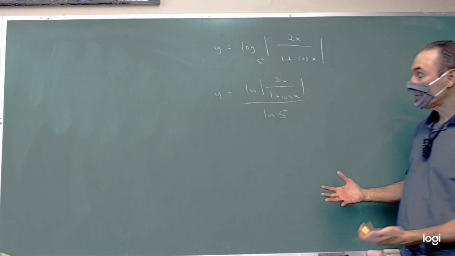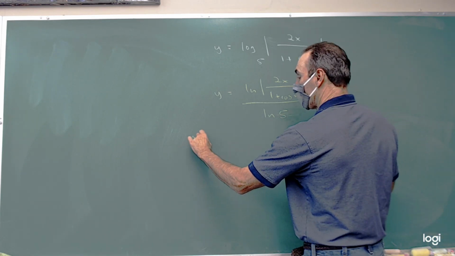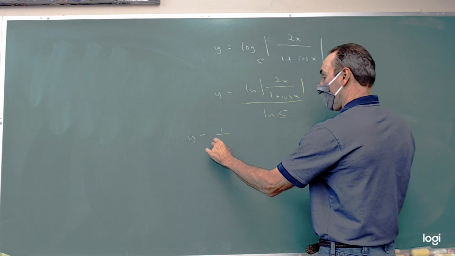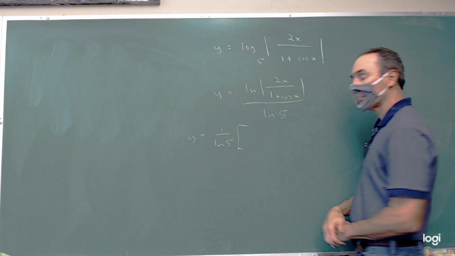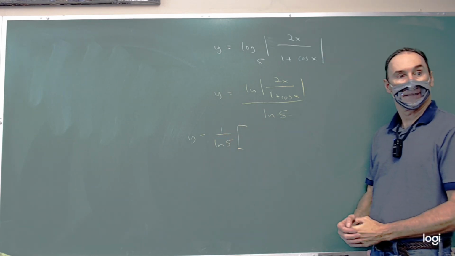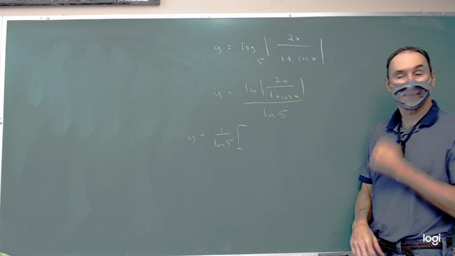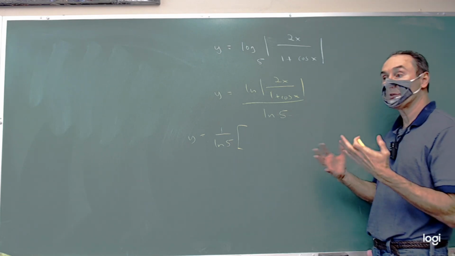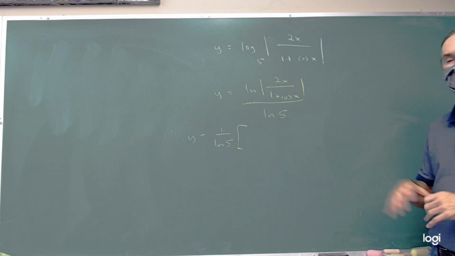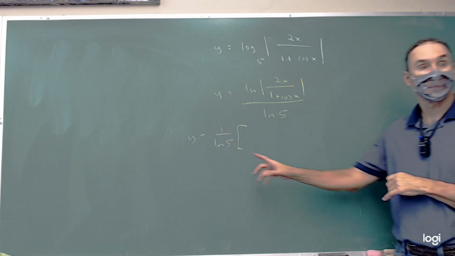Then I would pull out that constant, because it just gets in the way, and it's easy to think you have to do something with it, like a product rule or a quotient rule, and you don't, because it's just a constant.